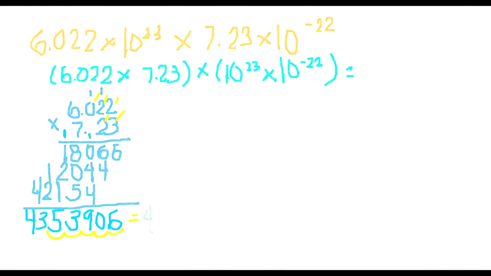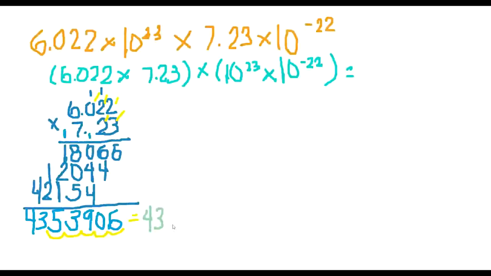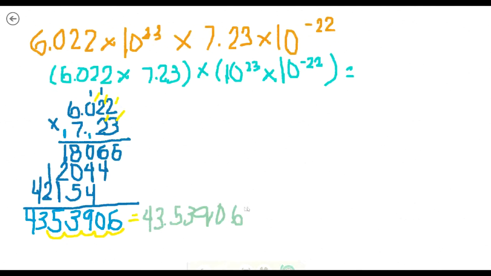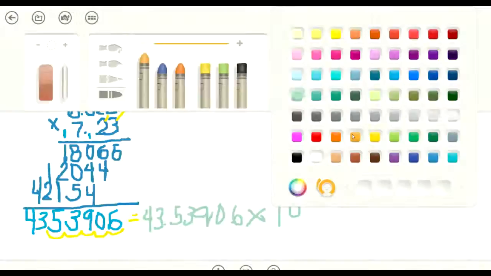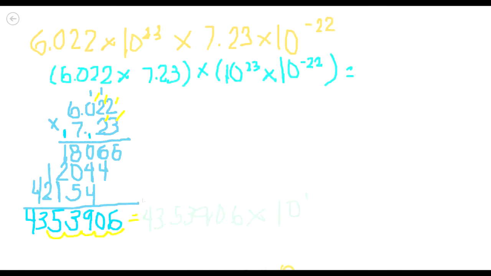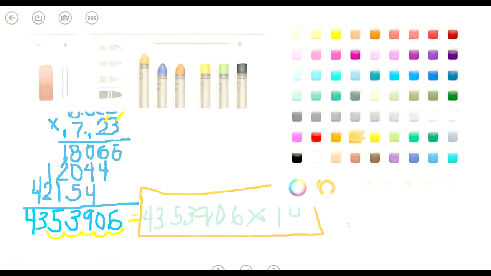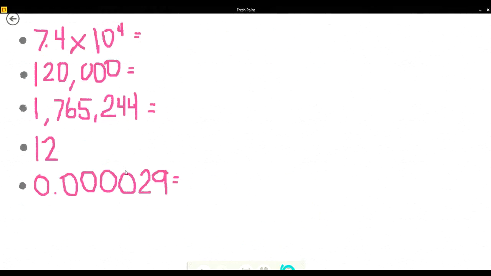So we get 43.53906, multiplied by 10 to the 23 plus negative 22. 23 plus negative 22 is 1. So the final answer is 43.53906 times 10.